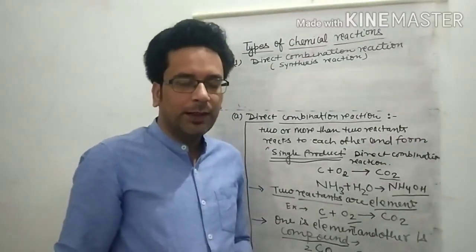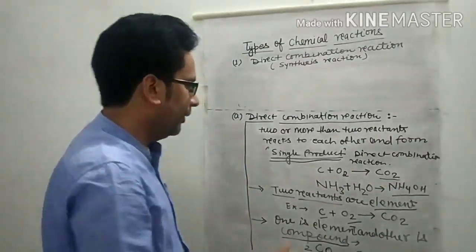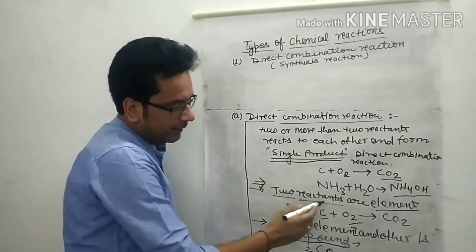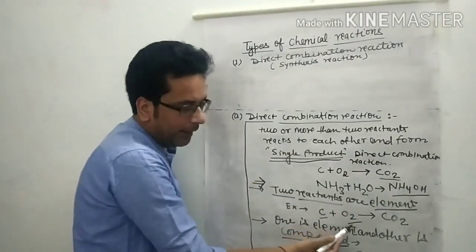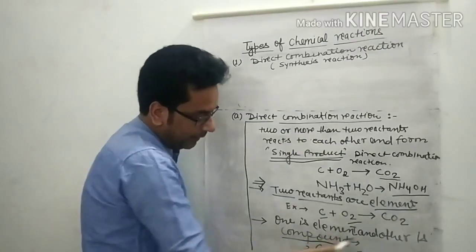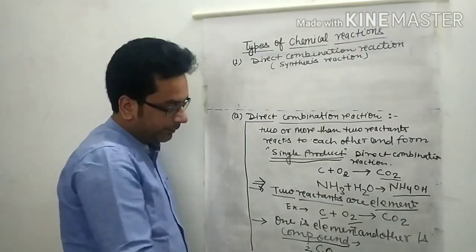Now the next type of combination reaction. First, two reactants are elements. Second, one is an element and the other is a compound.